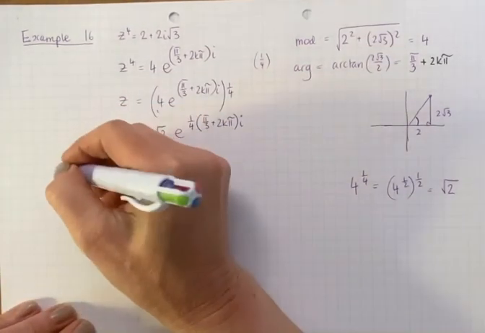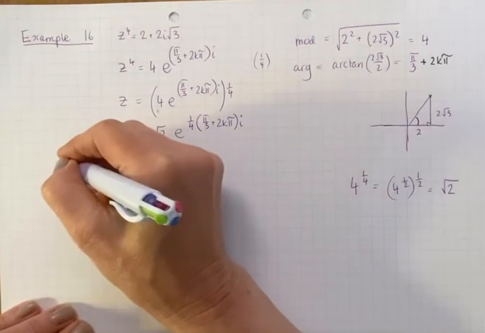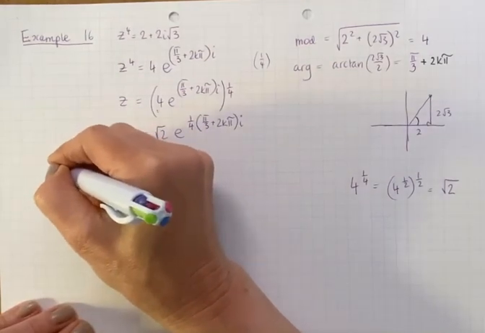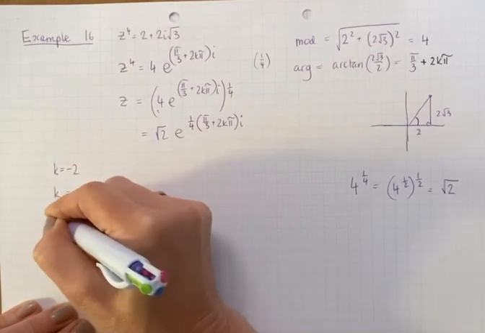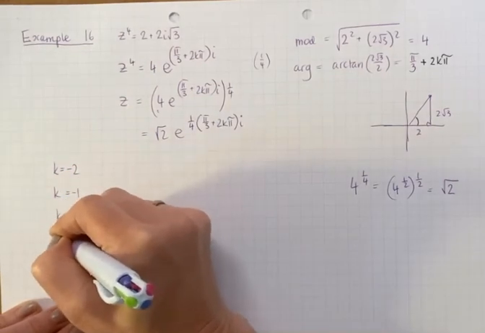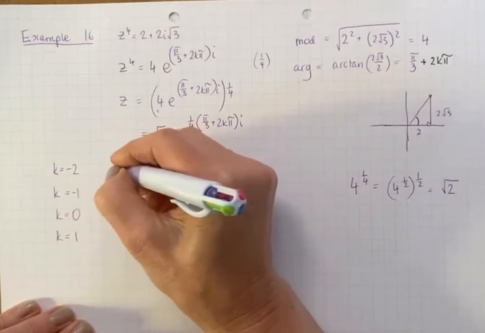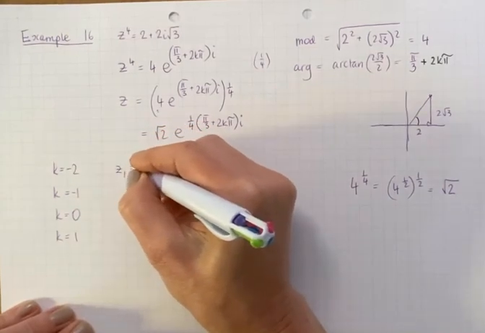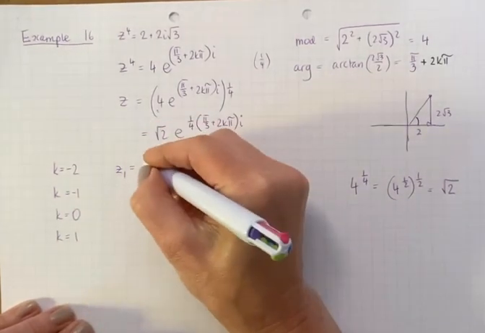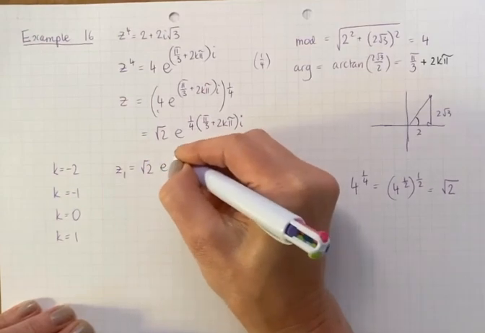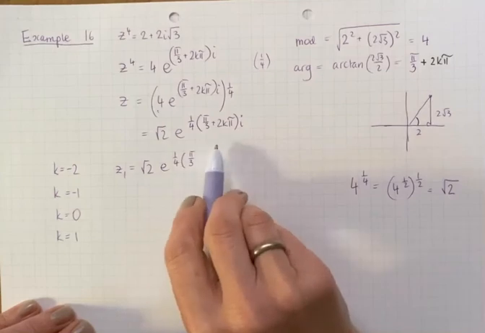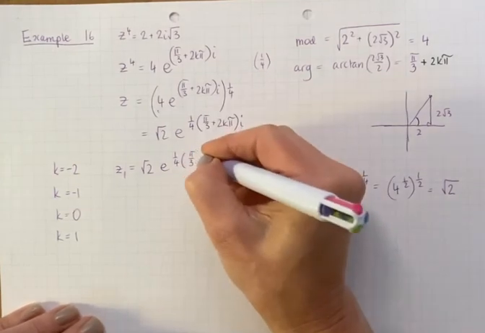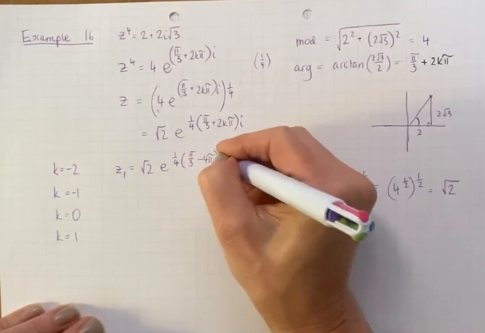So let's pick, I don't know, let's start with k equals minus 2, and then go to minus 1, and then 0, and then 1. So the first complex number is going to be root 2 e to the power of a quarter of pi over 3, adding minus 4 pi, times i.